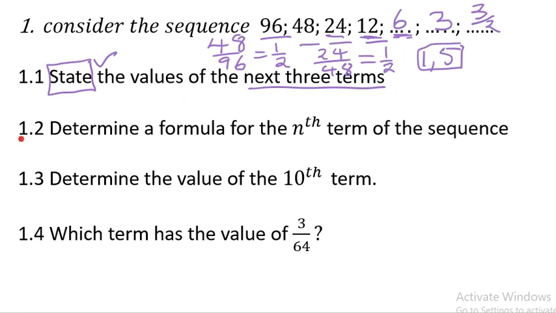The next question is 1.2. They say determine the formula for the nth term of the sequence. We need a clean page for this.